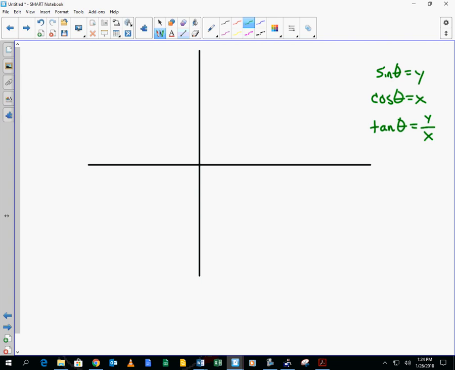Wherever you want. This will be it. Everybody okay with what I wrote? Which quadrant is this one? This one? This one? 4 and 3, right?